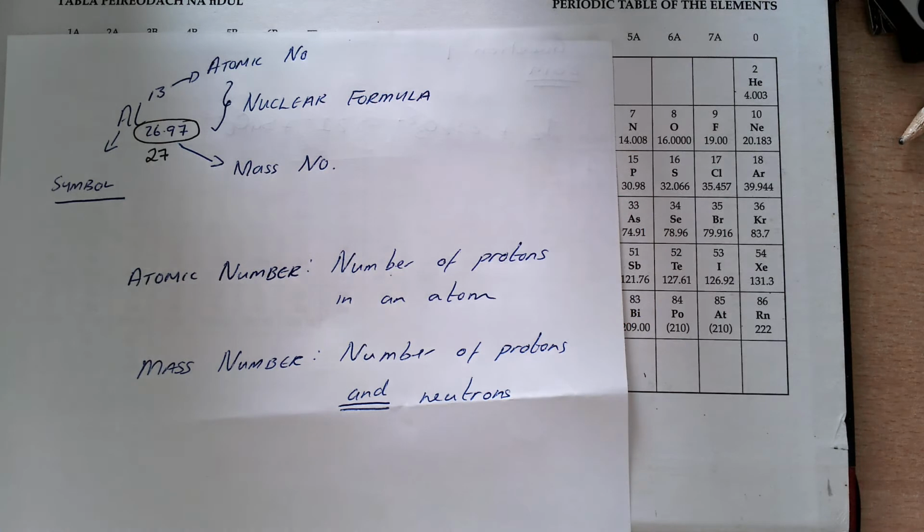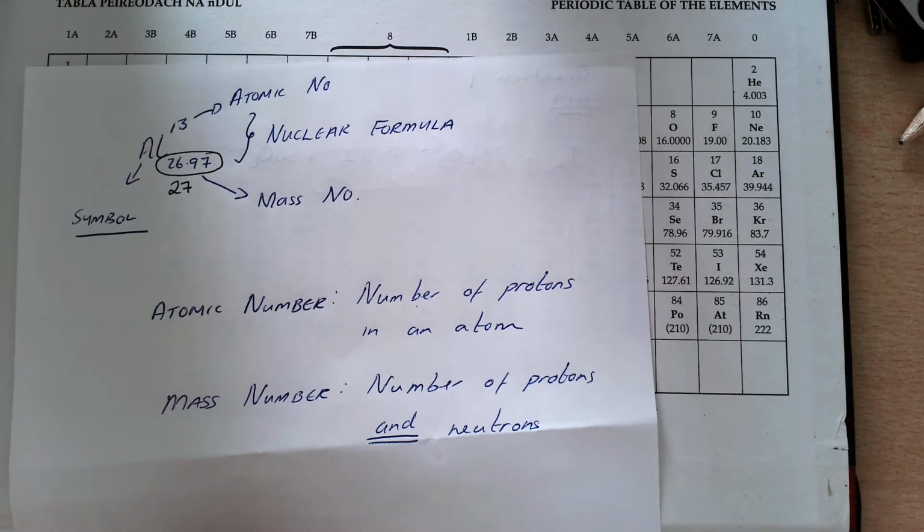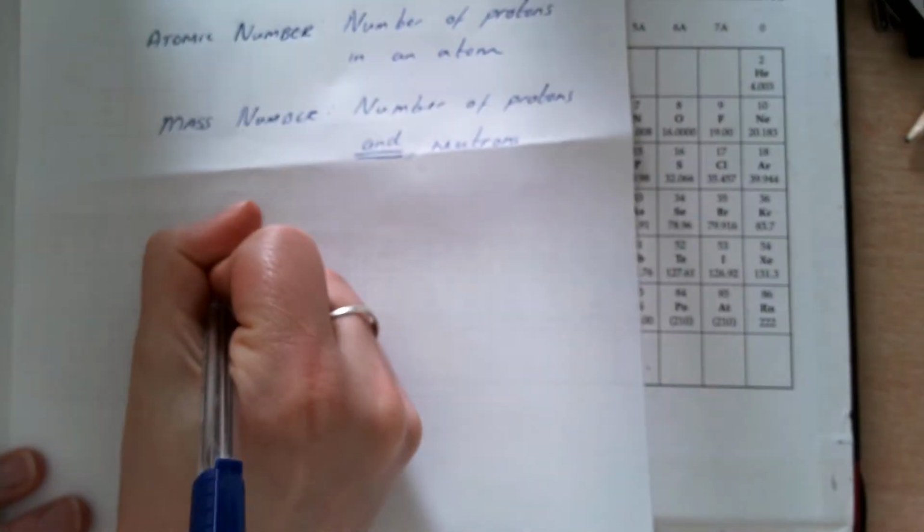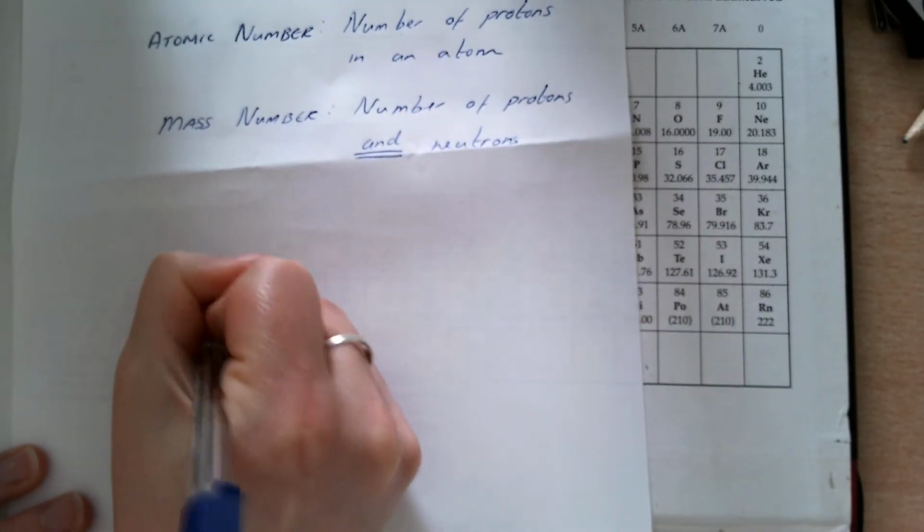Remember, if the number after the decimal point is less than 0.5, you go down to the nearest whole number, whereas if the number after the decimal point is greater than 5, you go up to round.